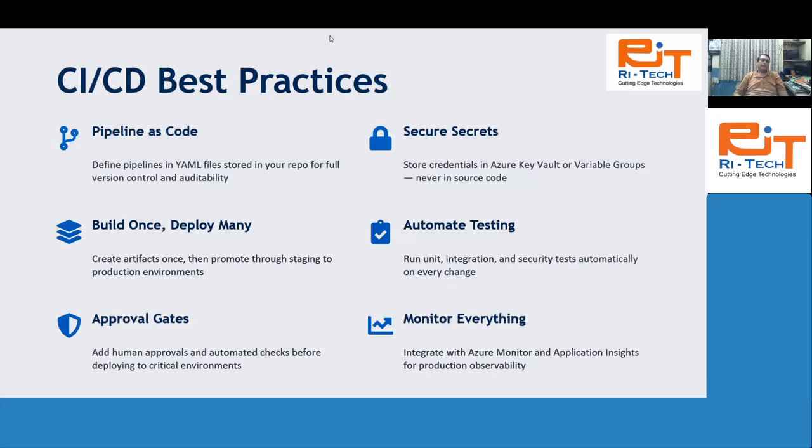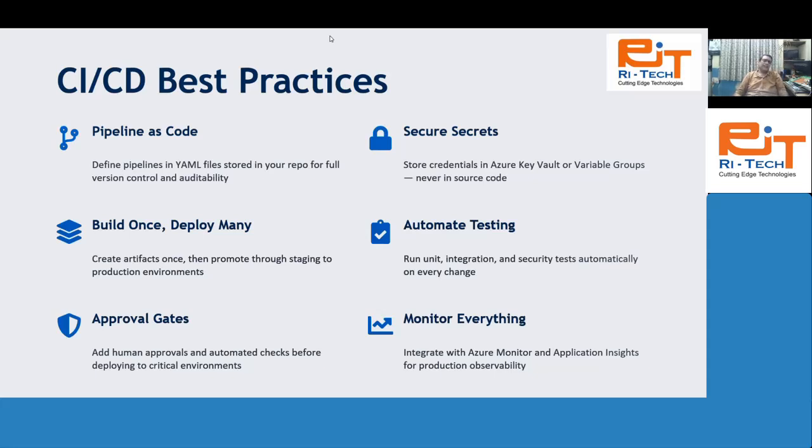So approval gates: add human approvals and automated checks before deploying to a critical environment. So this is again the best practice. You can 100% automate the entire CI/CD with no human intervention required for small applications. Large applications also you can do, but it's not recommended.